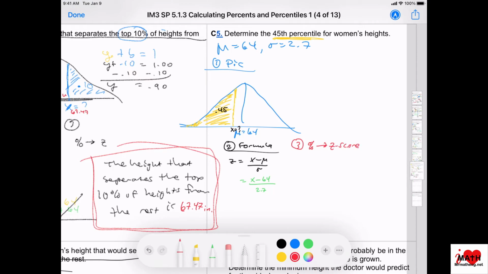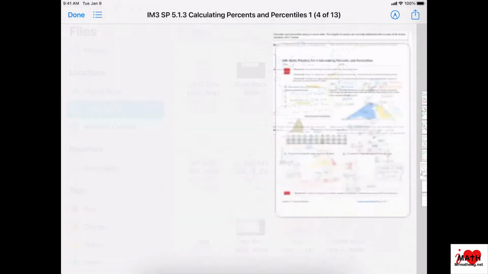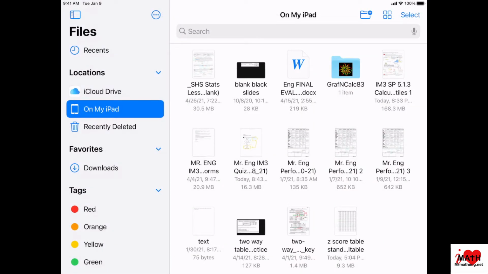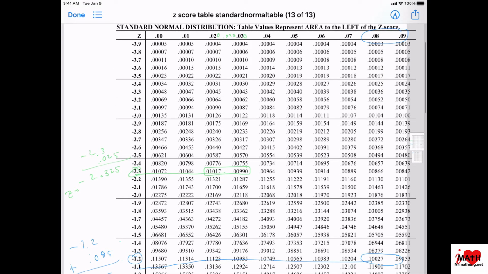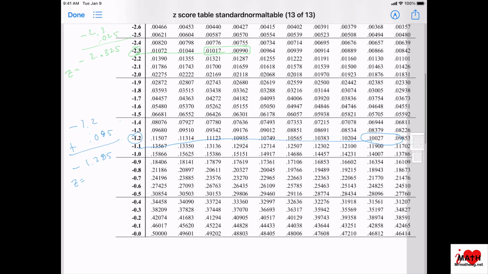Basically, we're trying to figure out how to find 45%, which is 0.45. So let's go ahead and go to our table and look for 0.45. I want you to notice that 0.45 is in the z-score that's negative because it's to the left. So I'm on the negatives here. Let's look for 0.45.